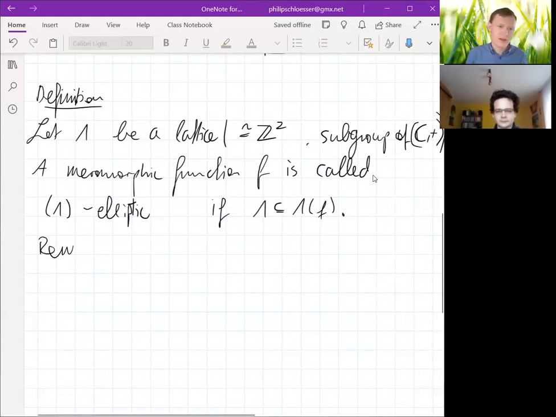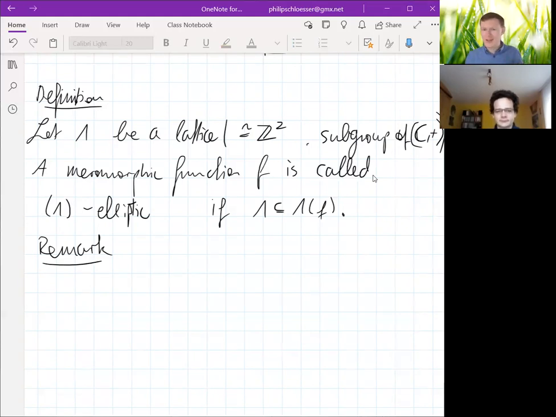And one remark: we have arithmetic on meromorphic functions. We can add them, subtract them, multiply them, divide them actually. Those are operations that affect the outcome of the function and not the input, whereas periodicity affects the input.